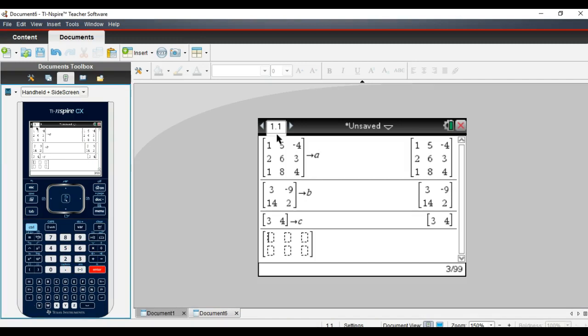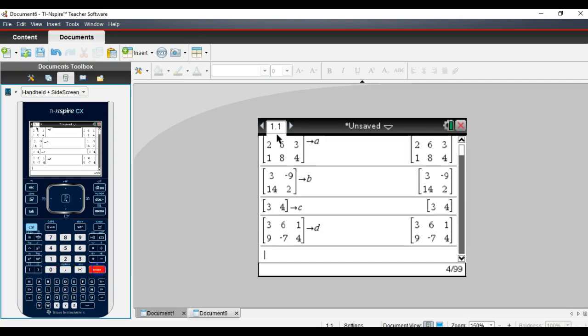We'll enter 3, 6, 1, and then 9, negative 7, 4. Move the cursor to the right, control var. This is matrix D, and all the matrices are stored. So that's the work up front, and now we just go look and see what the problem is asking for.